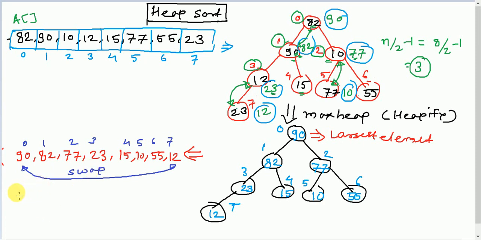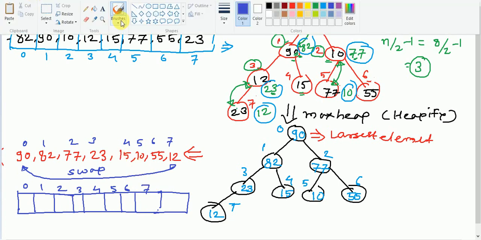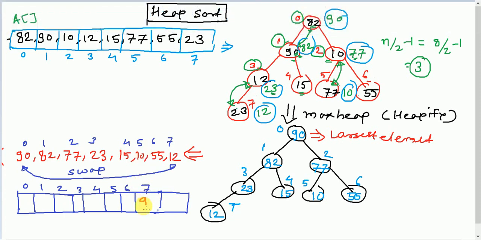Once I swap, I'll get the array like this: 0, 1, 2, 3, 4, 5, 6, 7. I'll write here 90 will come at this place, since we are swapping this index.